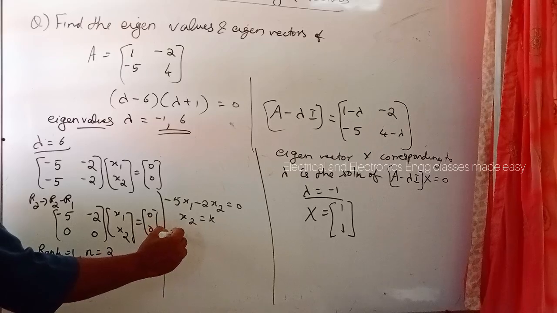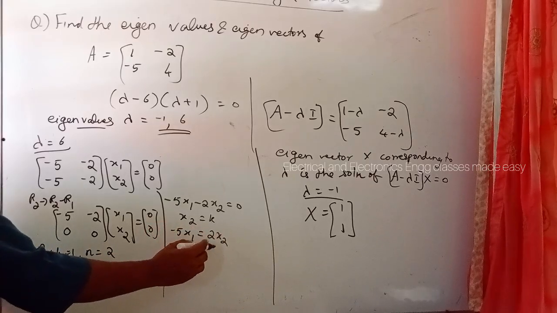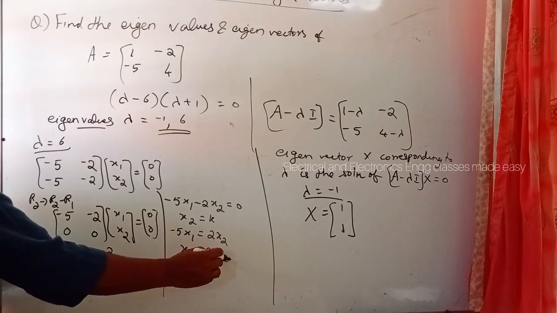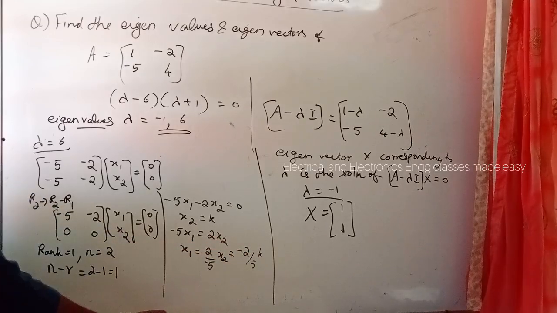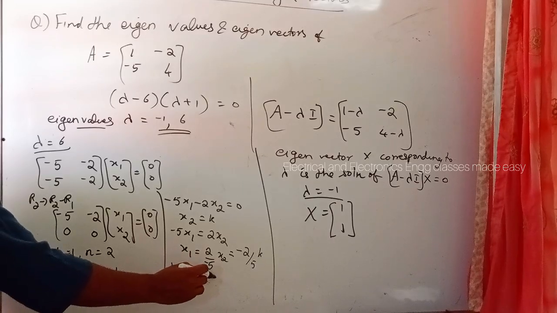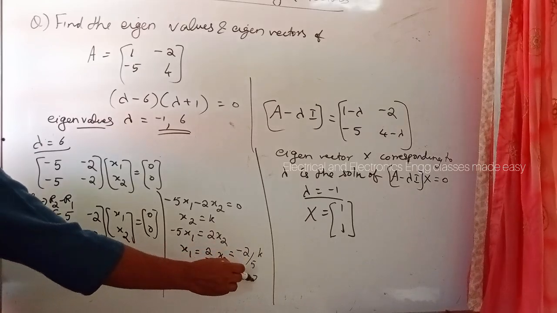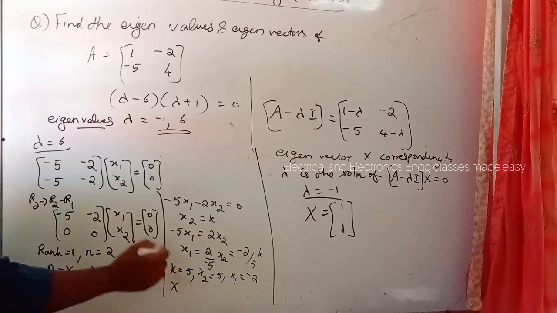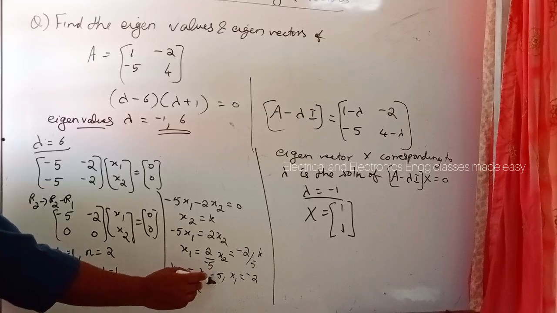Then minus 5x1 equals 2x2, so x1 is equal to 2 by minus 5 x2, that is minus 2 by 5 k. Let k equal 5. Then x2 will be 5 and x1 will be minus 2. So the eigenvector corresponding to 6 has x1 equal to minus 2 and x2 equal to 5.